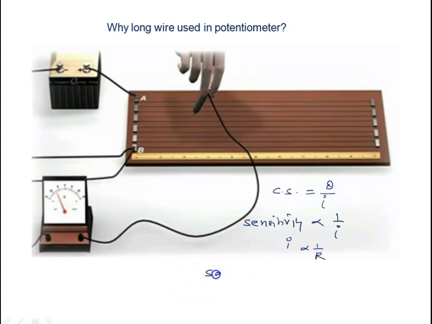It means the sensitivity of the instrument depends on resistance, and we all know resistance depends on length. So ultimately the sensitivity of the device depends on the length. That's why we use long wire in the potentiometer. So if the question comes why we use the long wire, you will say to increase the sensitivity of the circuit.